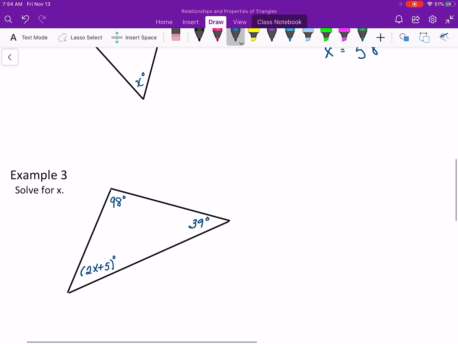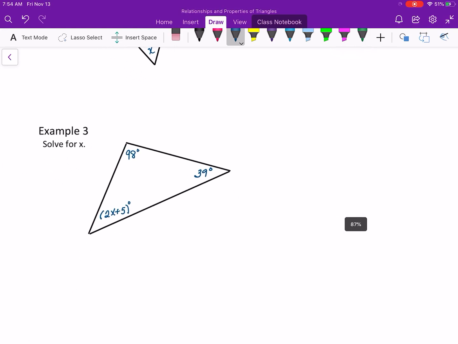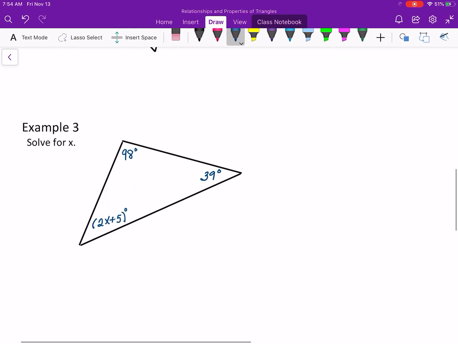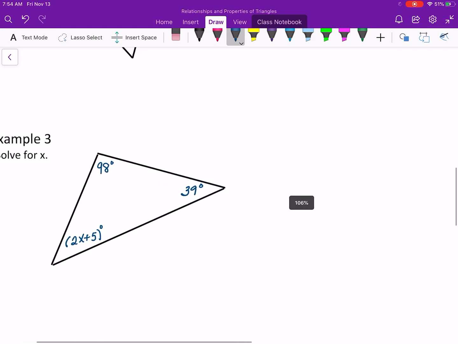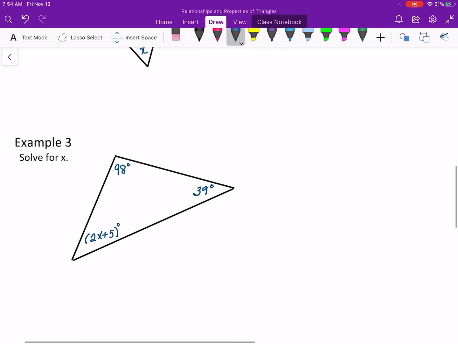And example 3. Oh, this gets a little more interesting, doesn't it? This is our third and final example for the day. No matter whether you have an expression for an angle or just the x, you're going to do it exactly the same way. You have three angles. Those three angles should add up to be 180 degrees.